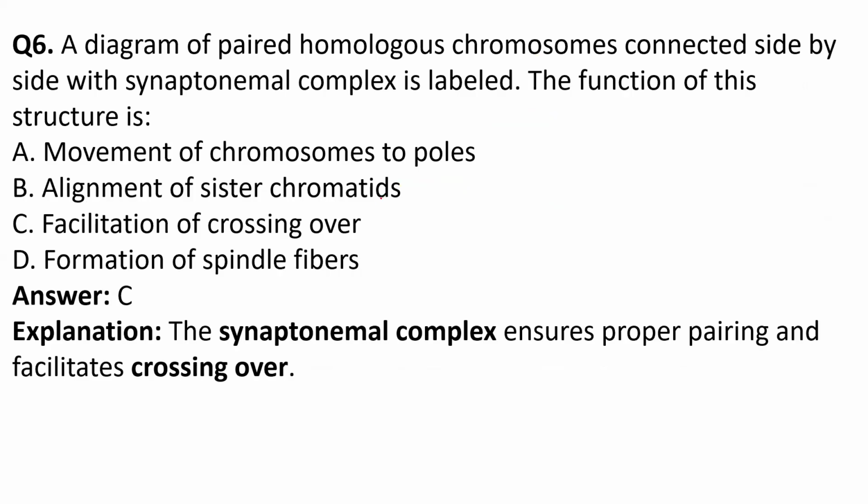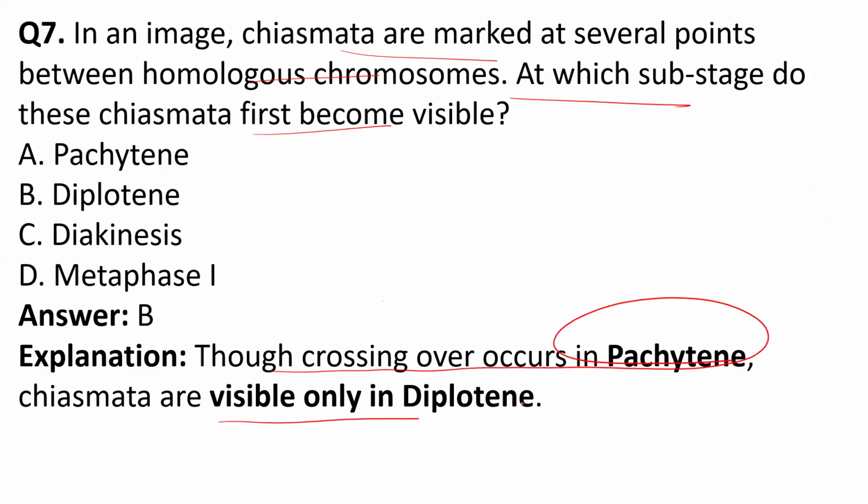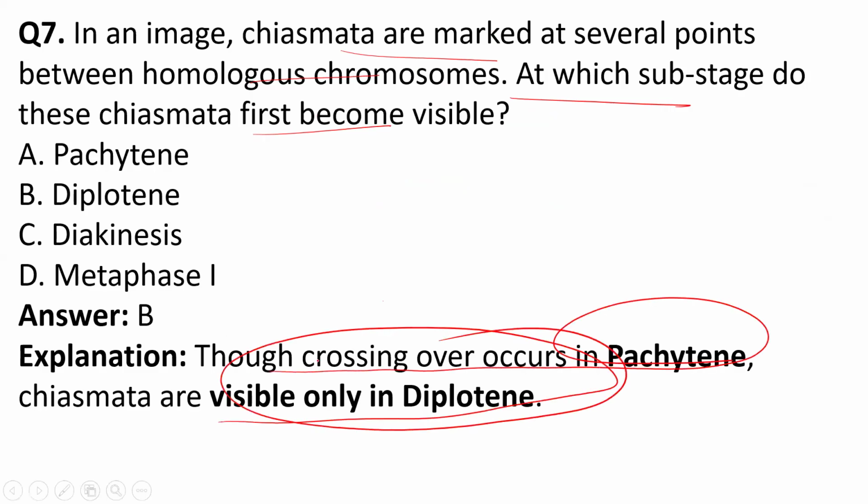A diagram of paired homologous chromosomes connected side by side with the synaptonemal complex labeled: the synaptonemal complex helps in proper pairing and in crossing over. Chiasmata are marked at several points between homologous chromosomes at which stage? We have learned that crossing over occurs in pachytene, and the chiasmata are visible only in diplotene.